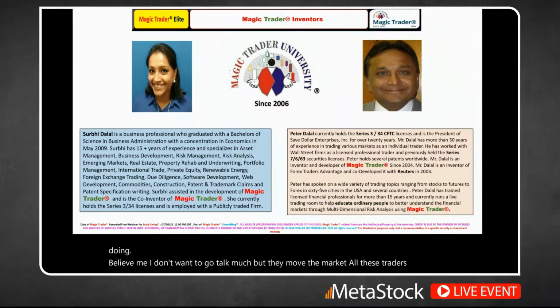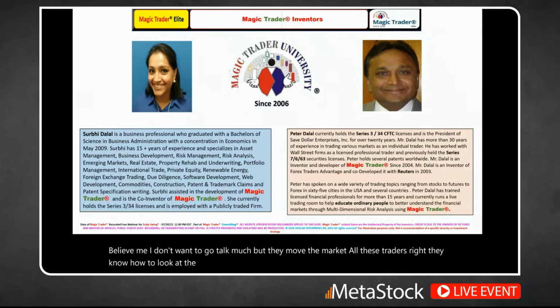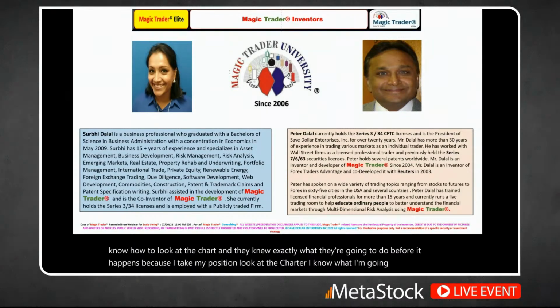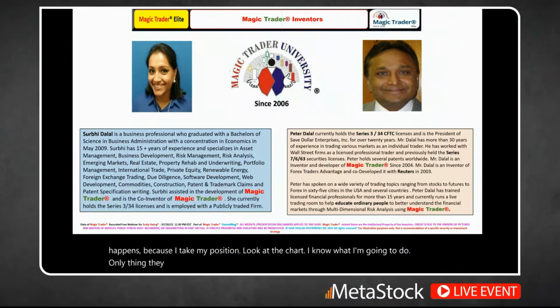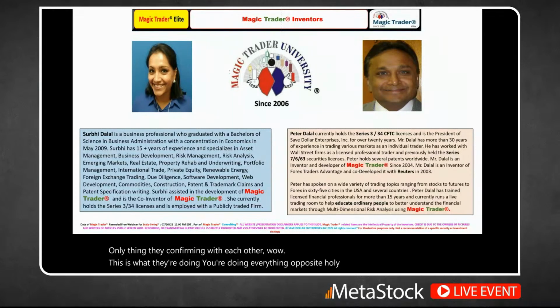They know how to look at the chart, and they knew exactly what they were going to do before it happens. Because, like, I take my position, look at the chart, I know what I'm going to do. Only thing, they're confirming with each other. Wow, this is what they're doing. We're doing everything opposite. Holy shit, we cannot trade the traditional way. We have to learn from institutions.